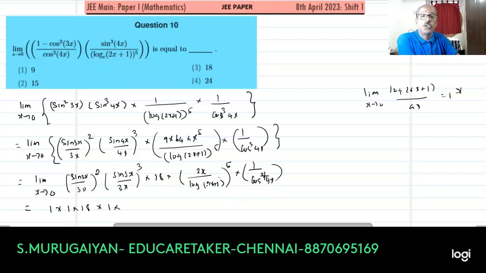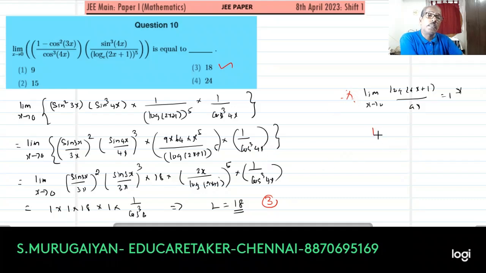Then cos cube 0, cos 0 is equal to 1. So this implies the final limit is equal to 18. 18 should be the correct answer. The third option is the correct one. Make note of this.